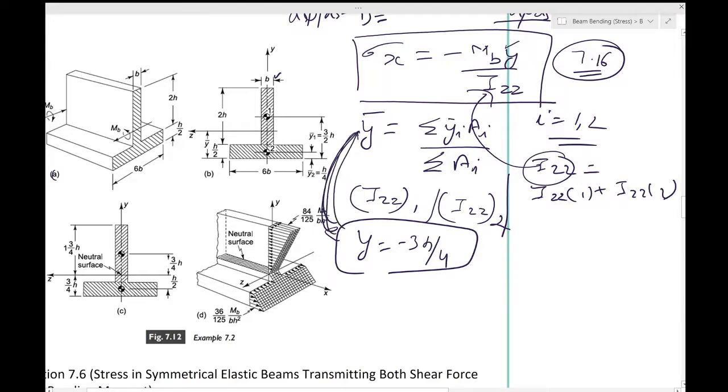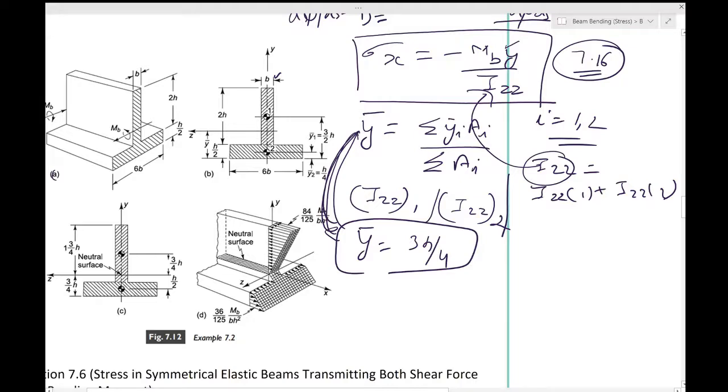Okay, so that's where you would go about it, and y is equal to 3h by 4, and you will assume it to be a minus or a plus depending on whether you want to find the compressive bending stress or the tensile bending stress. So y bar is actually equal to 3h by 4.